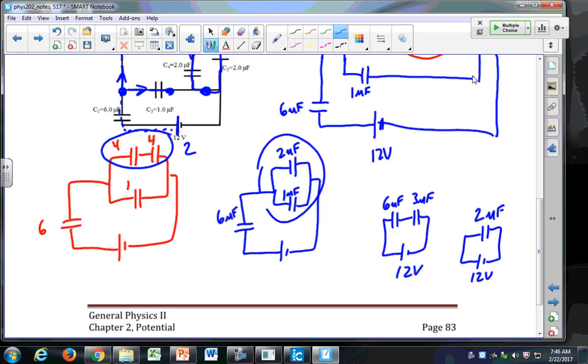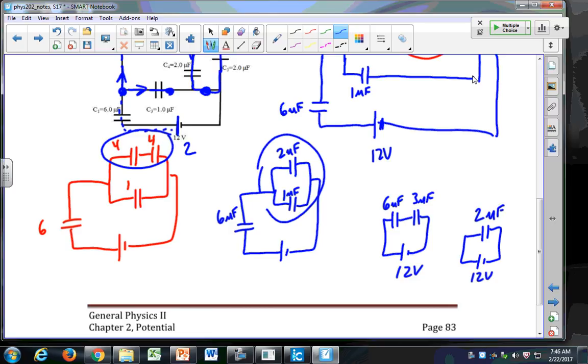Now at this point, we've worked these, so we want to step back and find, what was I asking? I think the charge and the voltage on each one. Yeah, the charge and voltage on each capacitor. The process here, I'm going to show you a couple different ways. I know my charge here, Q equals CV, is 24 microcoulombs.